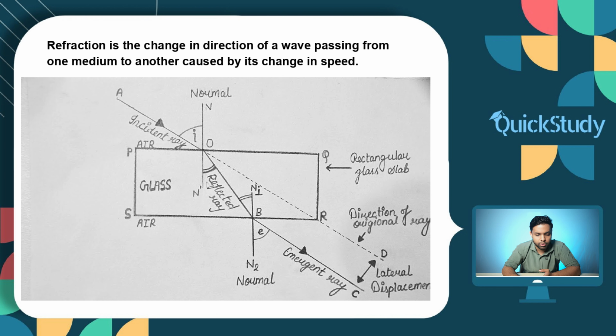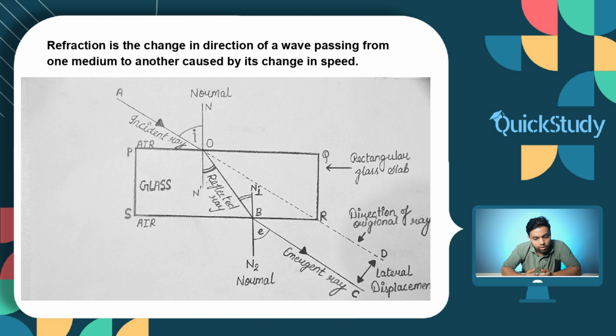Let's look at the second property, which is refraction. Refraction is the change in direction of a wave passing from one medium to another, caused by its change in speed. Let's look at this figure to understand it better. In this figure, the incident ray is traveling from air to glass.